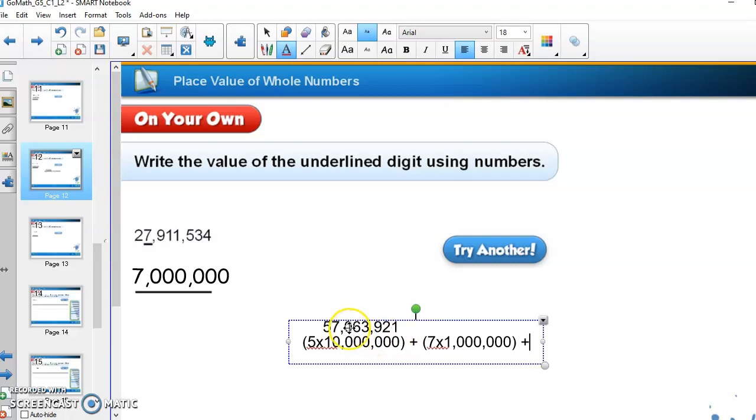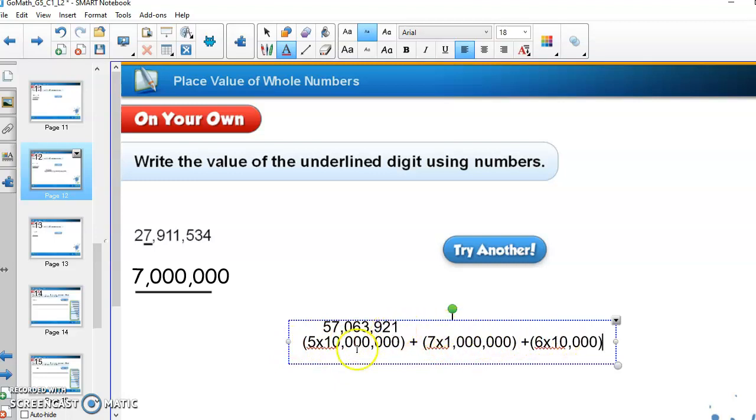The 0 I don't have to do because it doesn't have value. The 6 comes next, and the 6 is in the 10,000s place value. And I continue with the 3, the 9, and so on until I've written each one of these digits in expanded form. So that's what expanded form would look like for number 13.